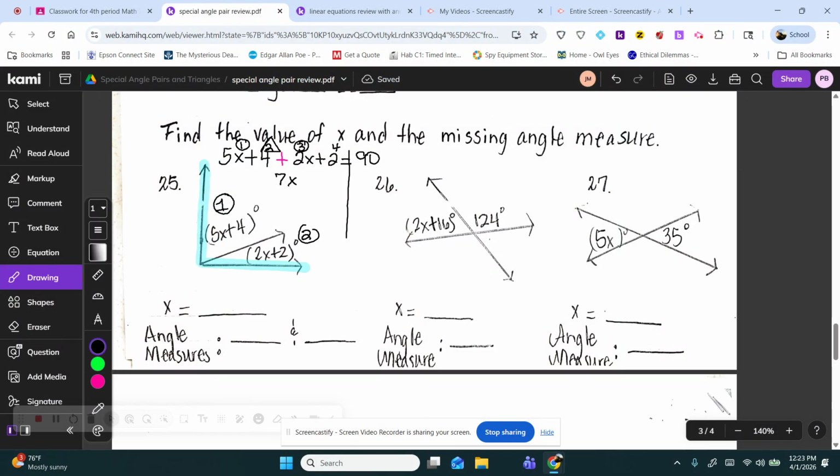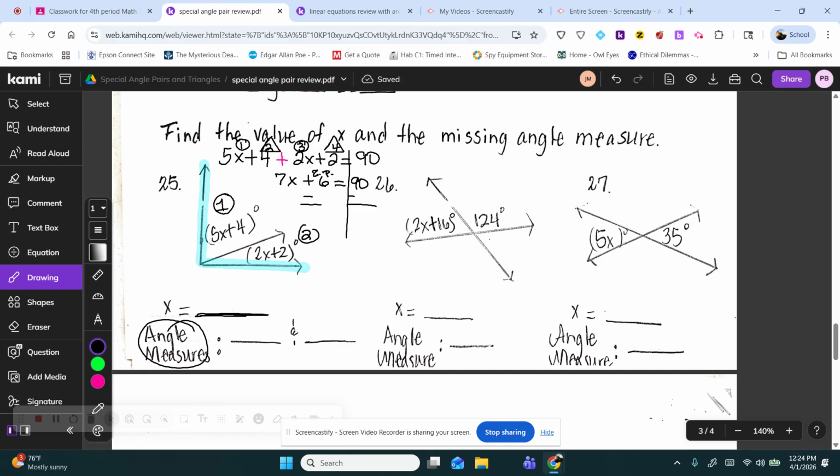You're gonna combine the constants, making that 6. And then you're gonna solve the two-step equation by making a zero pair and then dividing. Guys, once you find X, put it here, but you have to plug back in to find the angle measures. Okay, so that's something I want you all to do.